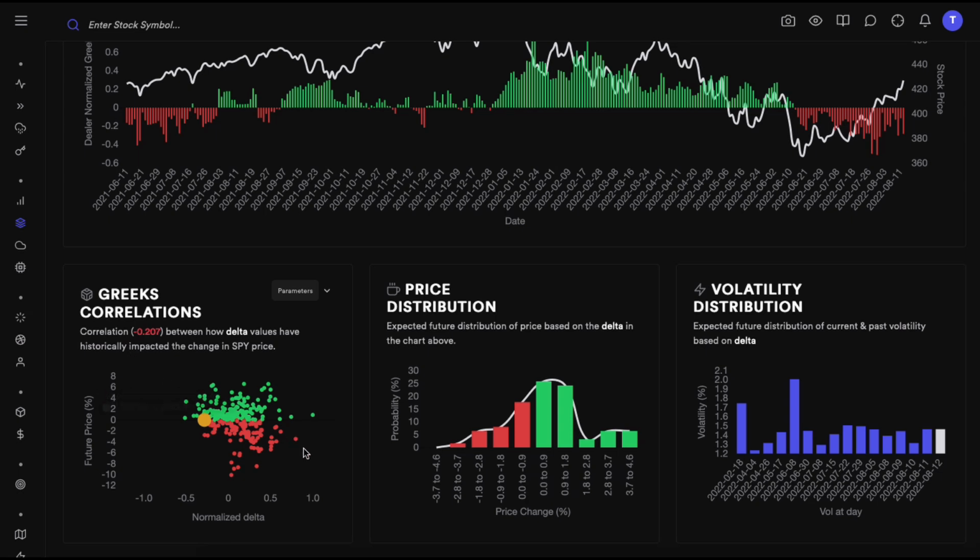If you're fitting, let's say, a regression line, it will be slightly to the downside. That's interesting because just looking at the deltas has given us a decent predictive power into what the price is going to do over the next 5 days. That's not that interesting because I have no idea whether this still works or not.